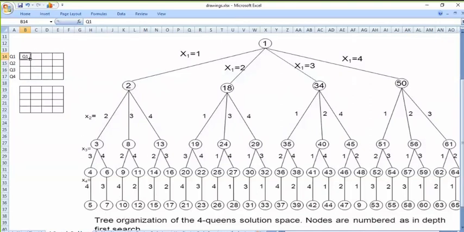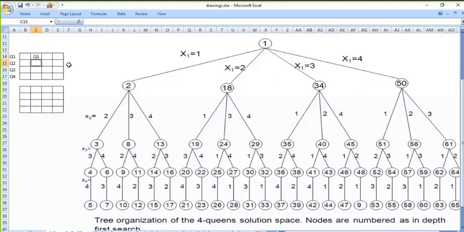Meaning is that whenever Q1, that is queen 1, is placed on the first row and first column, it is not possible to get the solution. Then I should try to change the position of Q1. We know that we have to keep Q1 on the first row itself, but we have to now change its column. So I will move it onto the second column.